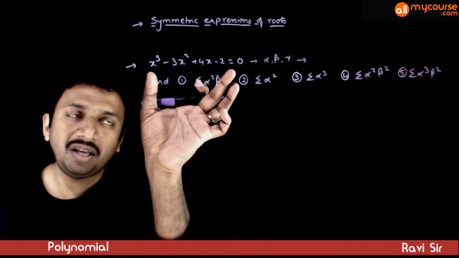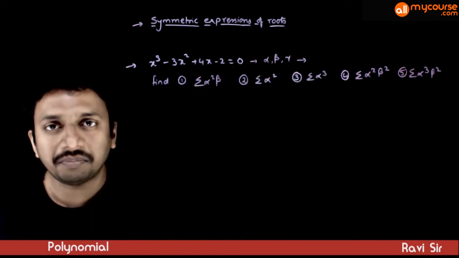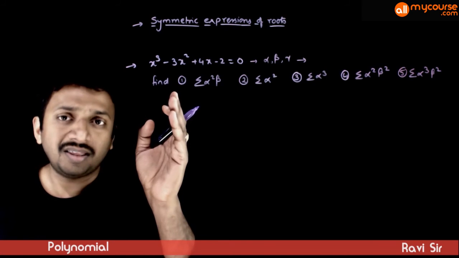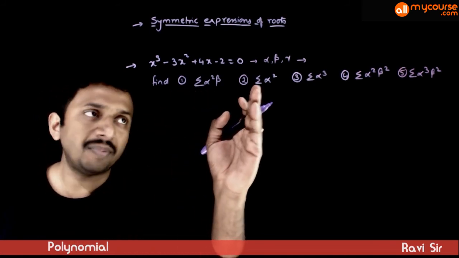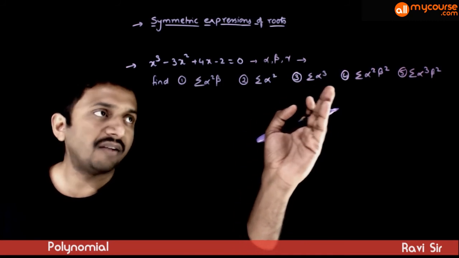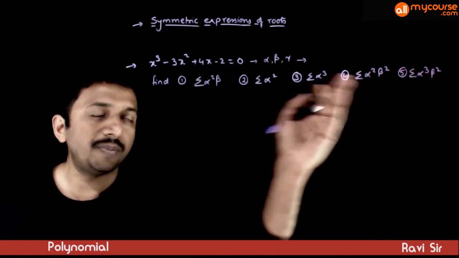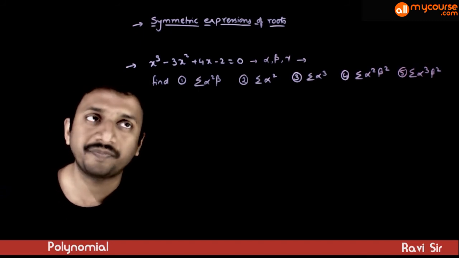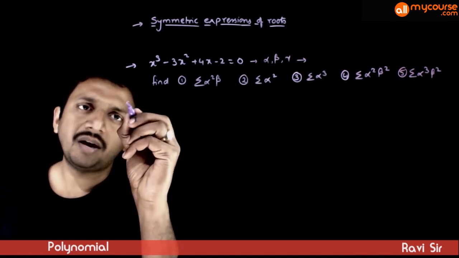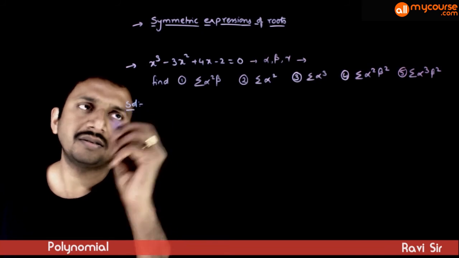This cubic equation has roots alpha, beta and gamma. In that case, you are asked to find sigma alpha square beta, sigma alpha square, sigma alpha cube, sigma alpha square beta square, sigma alpha cube beta square. So let us see how to find this.